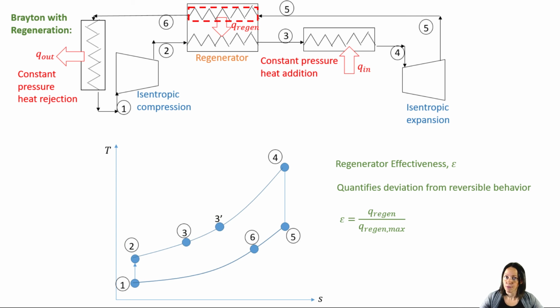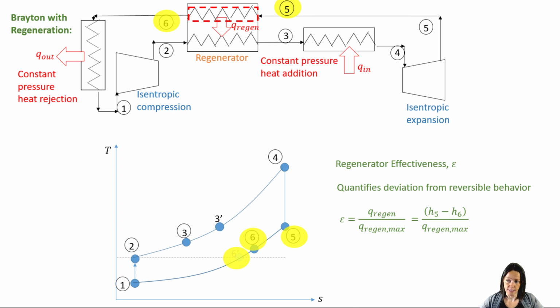All right, so now let's look at it from the other perspective, that top little part, 5 to 6. If I applied my first law to that control volume as I've drawn it, for an open system, the Q regen would be treated as a Q out, and what I'd be left with is H5 minus H6. So let's see how I handle the Q regen max. Well, as my air flows from state 5 to state 6, it of course decreases in temperature, and ideally it would have cooled all the way down to the same temperature as state 2, the same temperature as the incoming cold stream.